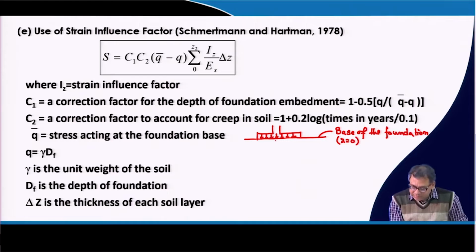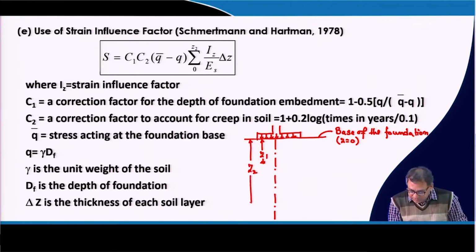Now, if this is the center line of the foundation or the loading area, we have two different z values given, one is z1 to draw the influence line, another is z2. Here also the summation is given from 0 to z2.